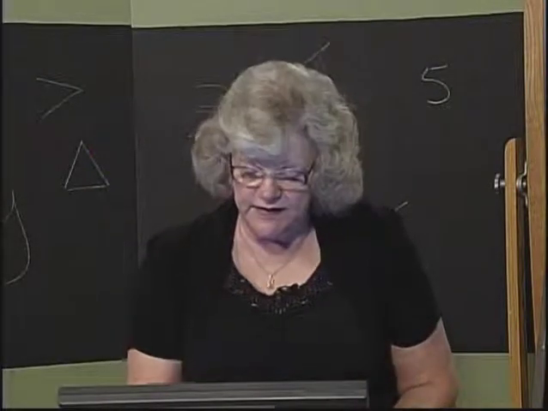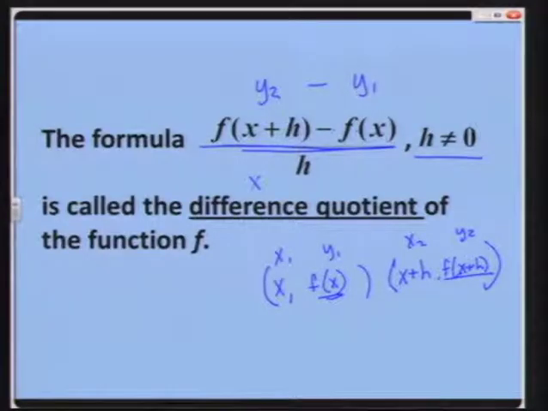Let's try that. x sub 1 is x, but I want x sub 2, don't I? x sub 2 is x plus h. And then I'm going to subtract x sub 1, which is x. And when we look at that, the x's add out and we're left with the h.